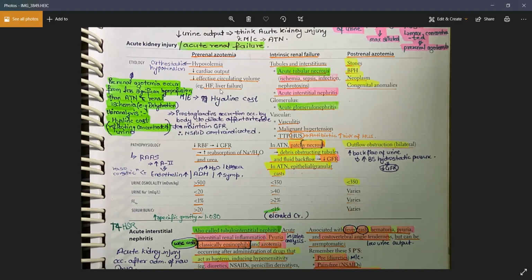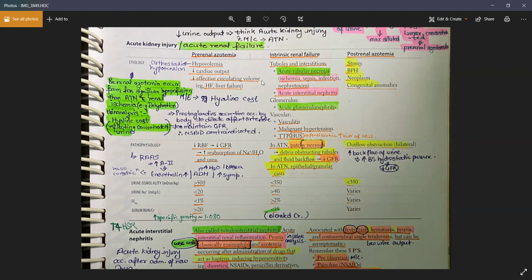It can happen because of liver failure. So all the conditions which can cause shock in the patient: distributive shock, septic shock, hypovolemic shock, hemorrhagic shock, that means low cardiac output in that case. Liver failure can cause ascites and portal hypertension, and heart failure can cause a decrease in cardiac output.